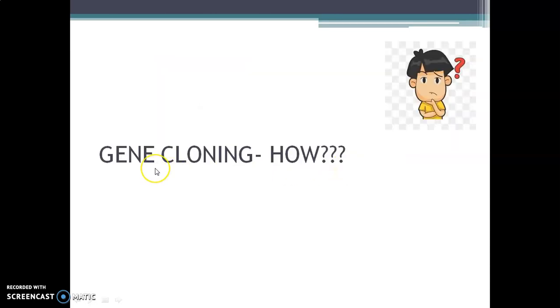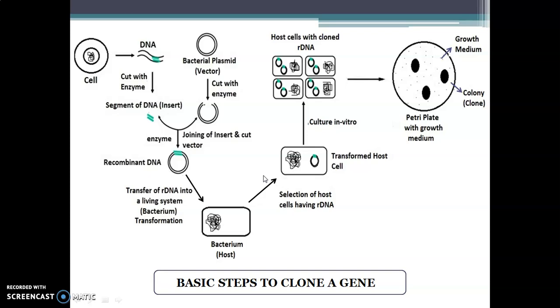Now the question arises that how this gene cloning is accomplished. The answer to this question lies in this particular figure, which is displaying the basic steps to clone a gene. First step is isolation of the total DNA from the cell in which the gene to be cloned is present.